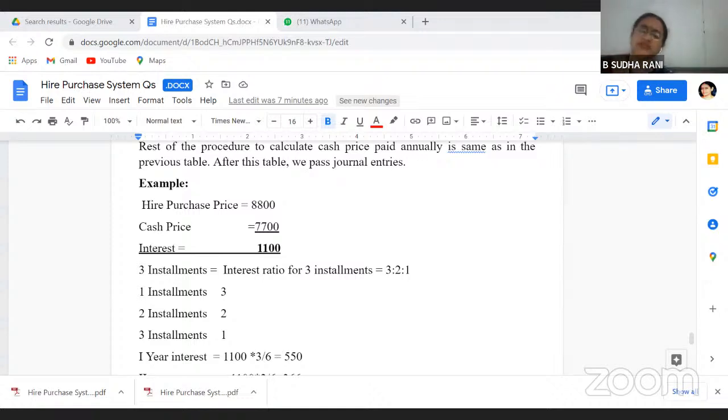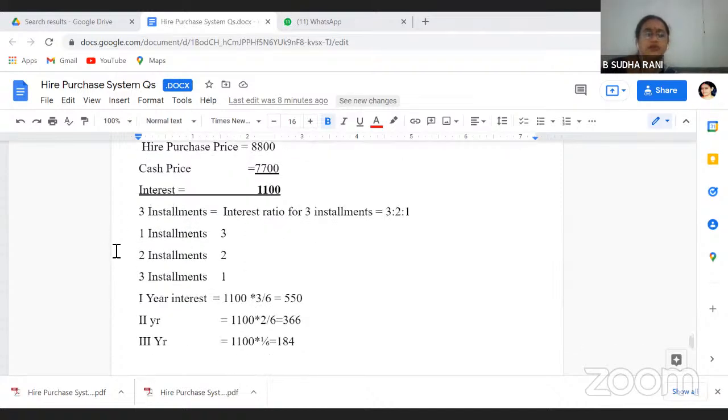3 installments means give the weights to the installments. First installment 3, second installment 2, third installment 1. That is 3:2:1. Say for example, June, July, August he is paying. So June 3, July 2, August 1. Like that 3:2:1. If 4 installments, 4:3:2:1. Like that it comes. So first installment he is paying 3 ratio, second installment 2, third installment 1.